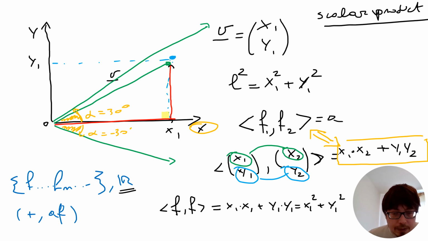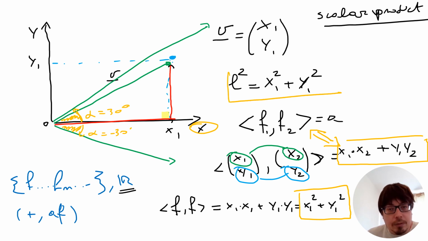So what we see is that this scalar product, defined in this way, is an easy way to find the length squared of the vector, the modulus squared.